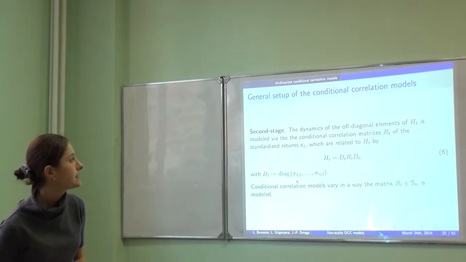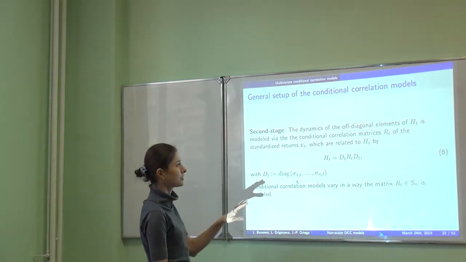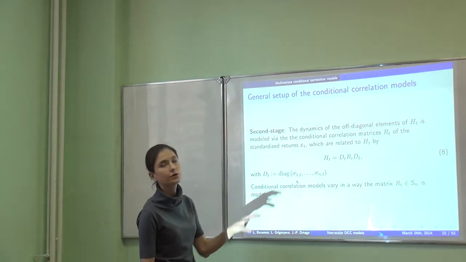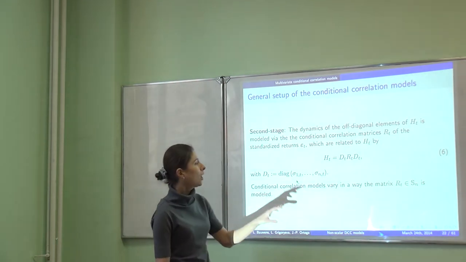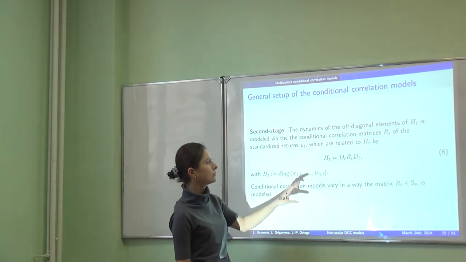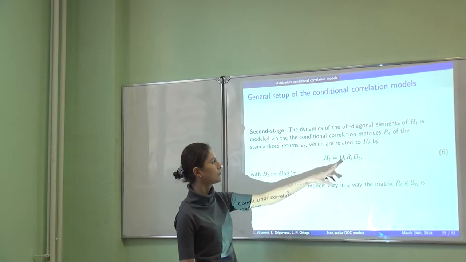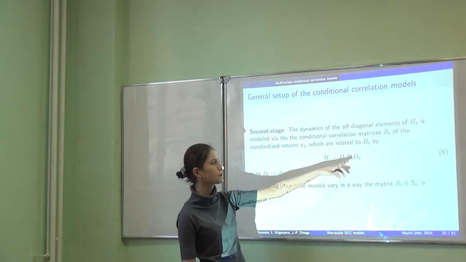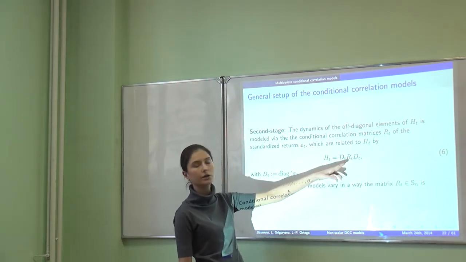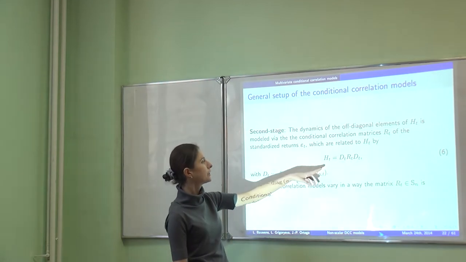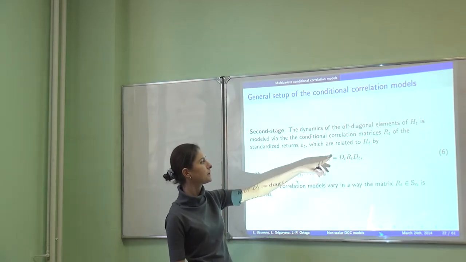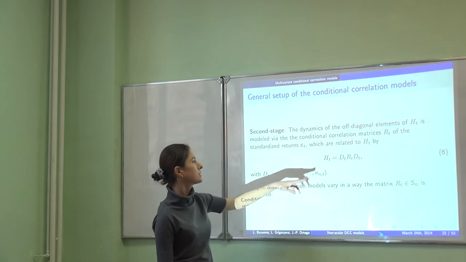So what is the second stage? On the second stage, which is at the core of all these conditional correlation models, we write down the relation that allows us, from the knowledge of our R_t, which is the conditional correlation matrix process, to inherit the knowledge about the dynamics behind H_t. How is it done?